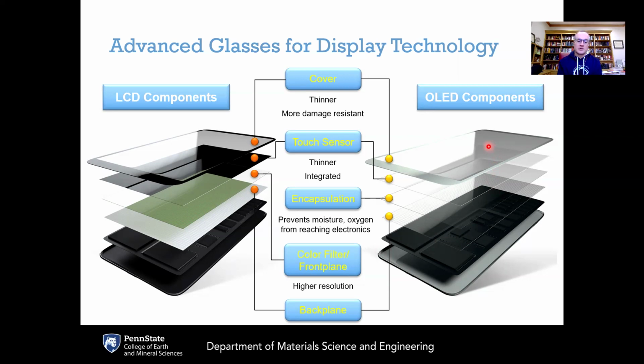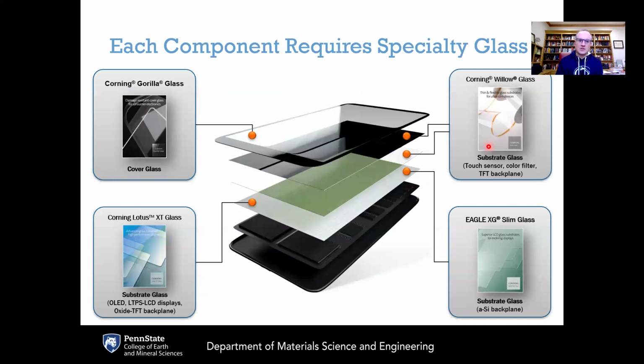In many smartphones, there's also another piece of glass on the back of the phone that provides protection off the back, and that also needs to be chemically strengthened in order to provide good mechanical resistance for the smartphone. So each one of these different layers of glass requires a highly engineered glass product to meet all the requirements.